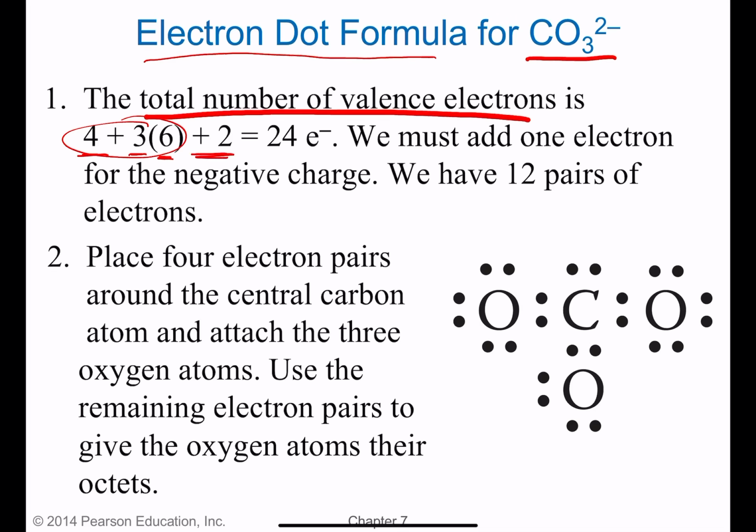And then here, this plus 2 right here comes from the fact that it has a 2 minus charge. So our examples that we had on the black slides, those were all neutral compounds, so I was not adding or subtracting extra electrons to accommodate the charge.